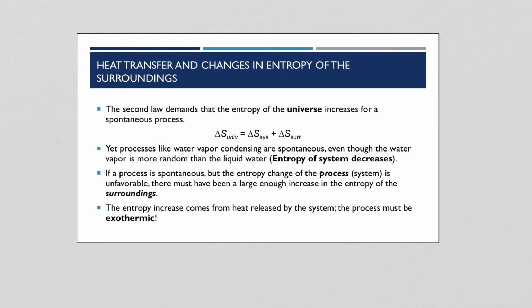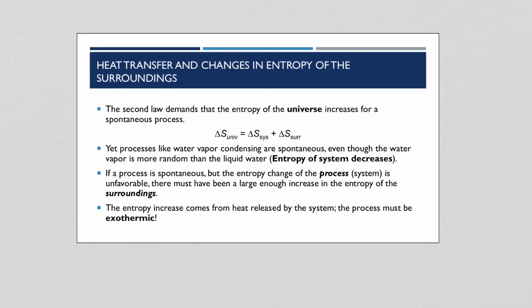So, what we can say is that if indeed the entropy of the system goes down, as we see with something like freezing or condensation, then it makes sense that the entropy of the surroundings would have to increase by more than that in order to make the entropy of the universe positive. And so that's exactly what has to happen, right?